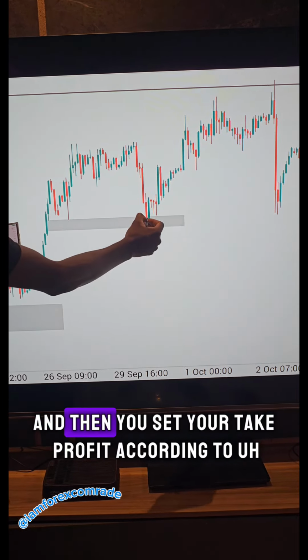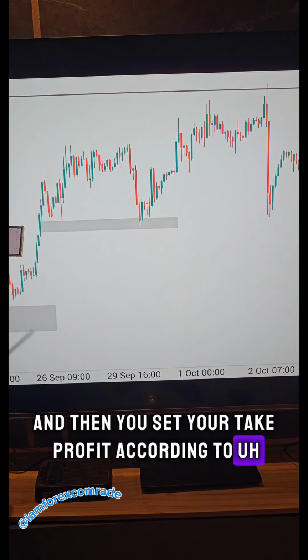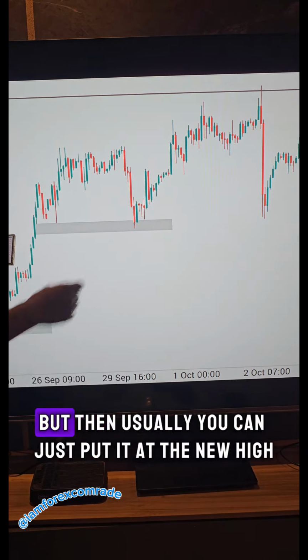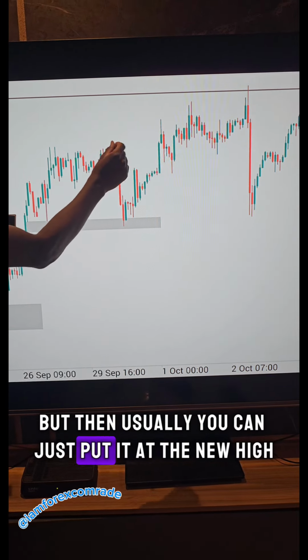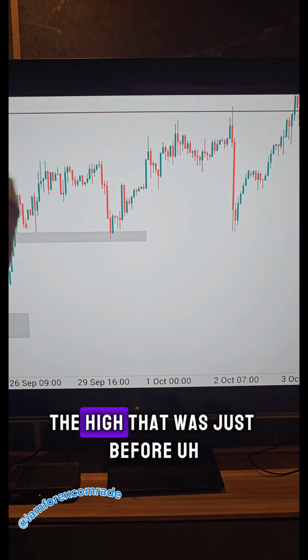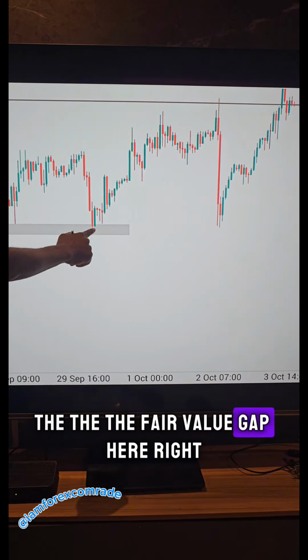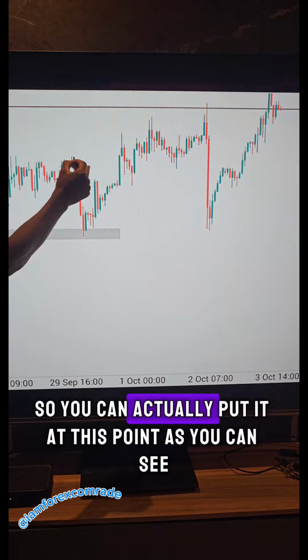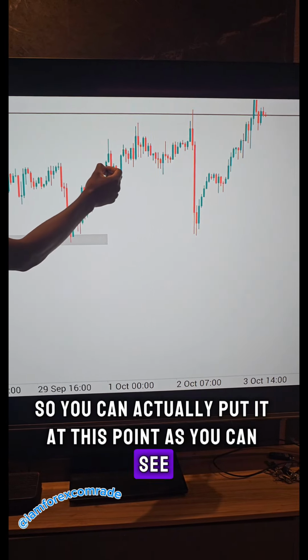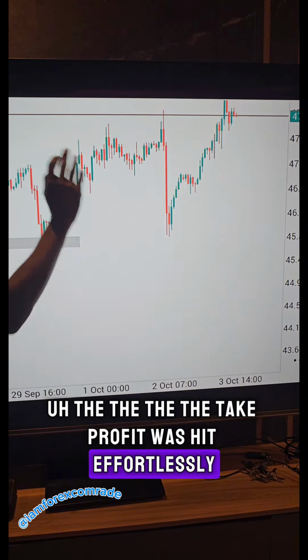And then you set your take profit according to how much you want, but usually you can just put it at the new high, the high that was just before the fair value gap here. So you can put it at this point. As you can see, the take profit was hit effortlessly.